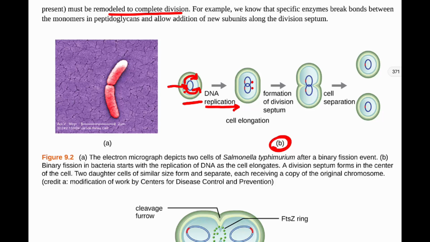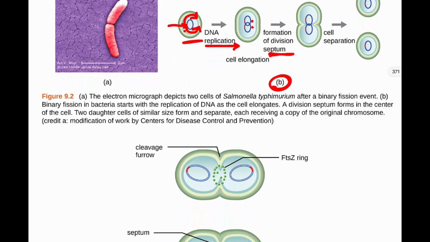Then we have the formation of this division septum, or the septum. And what we see here, I can scroll down just a little bit more so we can see both. But down here, we see the cytokinesis piece of it. So we see that we have what's called a cleavage furrow, which is this pulling inward of the outer membranes, so the plasma membrane and the cell wall, pulling that in toward the center.